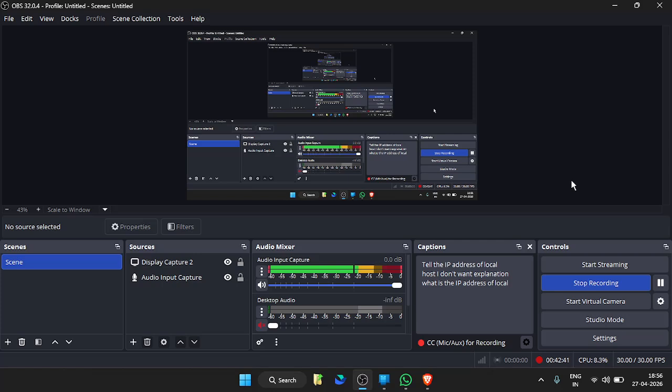How will an IP address look? IPv4. Any IP address has 4 numbers, correct. There are two IP addresses, IPv4 and IPv6. Don't go out of context again. So IPv4 has 4 numbers. Now tell for localhost, what are the 4 numbers? Don't remember.